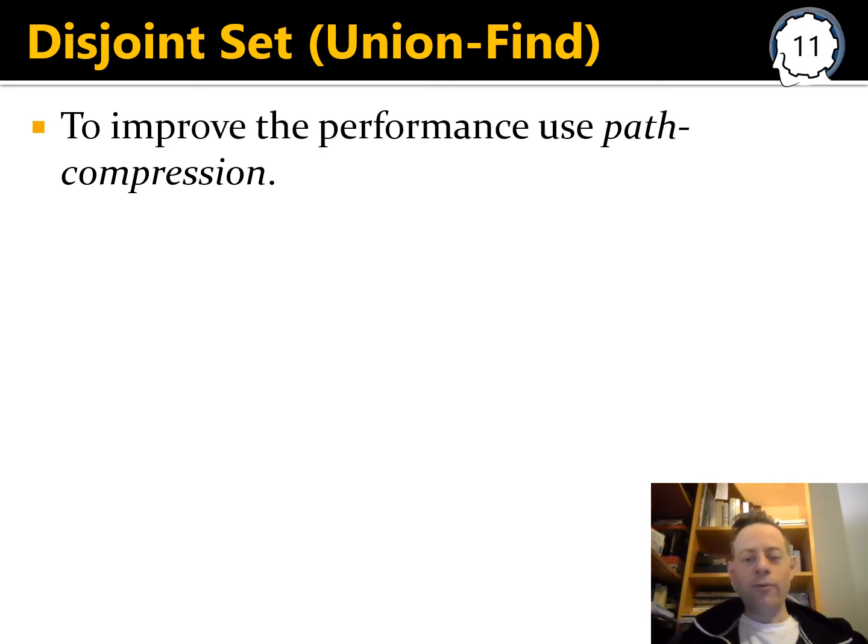I would recommend that you look up how disjoint sets actually work. But basically, the idea is that you keep track of these representative elements. And when you merge two sets, take the union of these two sets, you add a pointer from the representative element of one tree, the one set, to the representative element of the second tree.